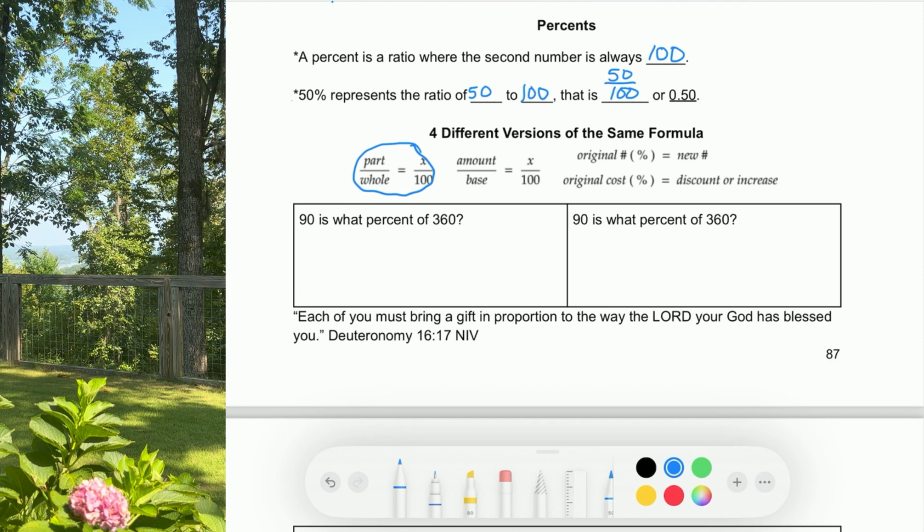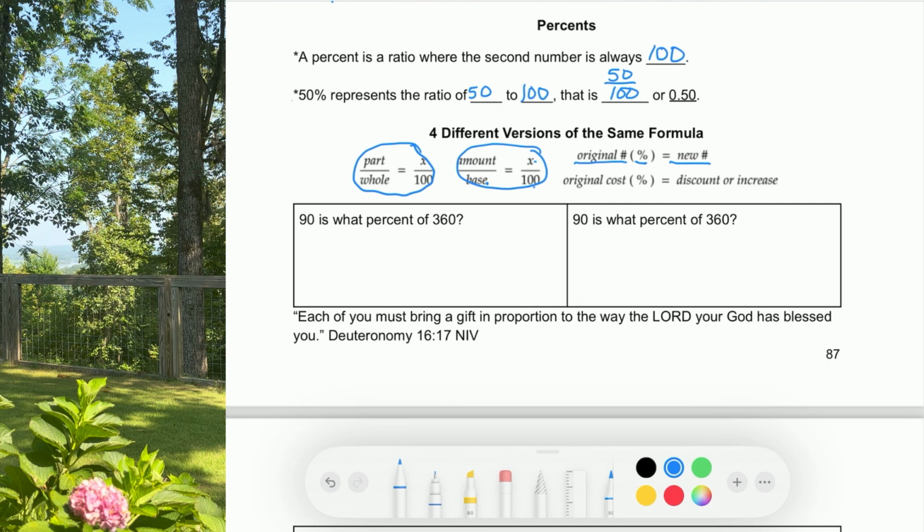So we're basically looking for a part to whole that is equivalent to a part to whole. Another version might be amount to base amount, and then again, part to whole. Another version we might use is the original number times percent gives us a new number. You'll use that a lot when you're trying to find a sale amount or what was the percentage off of a certain item.